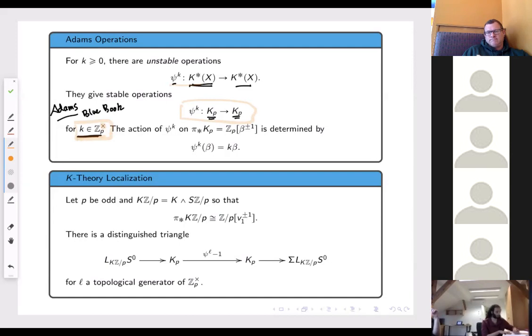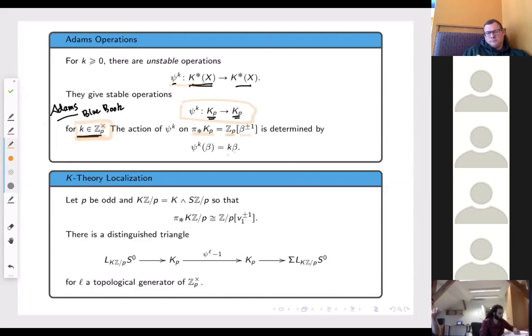Now these might seem mysterious, but let me tell you what they do on pi star. Pi star of K_p is the p-adic integers adjoin the Bott class. All I did was tensor with the p-adic integers, and the kth Adams operation just multiplies beta by k. Remember, k is a p-adic unit, so it's in the coefficient ring, and that's it.